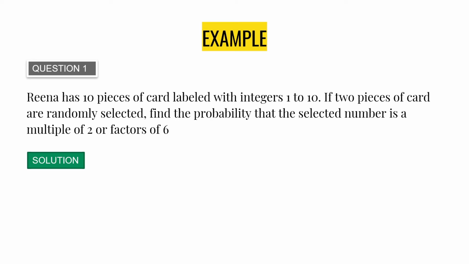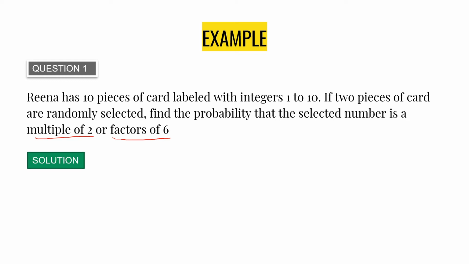The first example here: Lina has 10 pieces of card labeled with integers 1 to 10. If 2 pieces of card are randomly selected, find the probability that the selected number is a multiple of 2 or a factor of 6. In solving probability questions like this, the first thing is that we have to list down the elements.